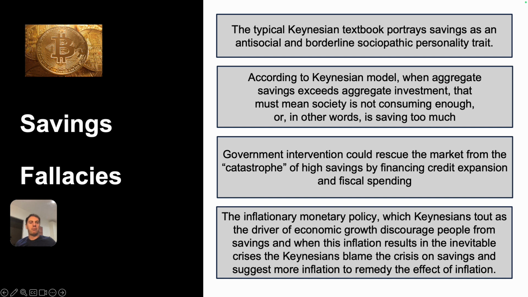The inflationary monetary policy, which Keynesians taught as the driver of economic growth, discouraged people from saving, and when this inflation results in the inevitable crisis, the Keynesians blame the crisis on savings and suggest more inflation to remedy the effect of inflation.